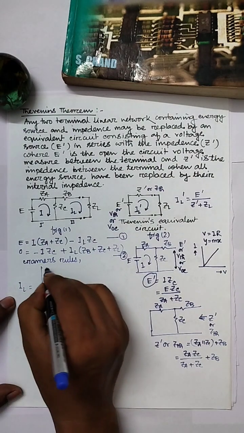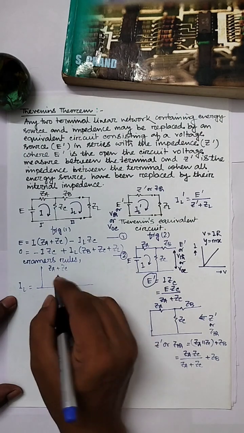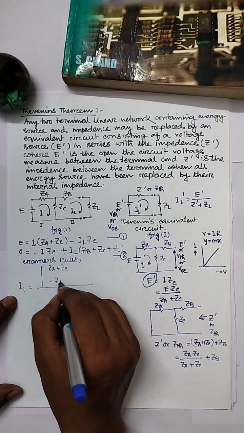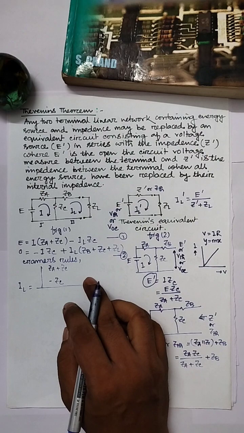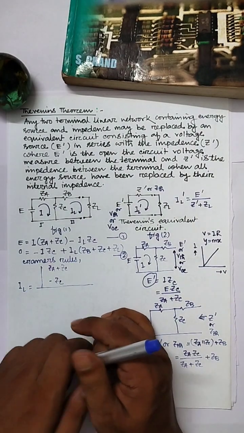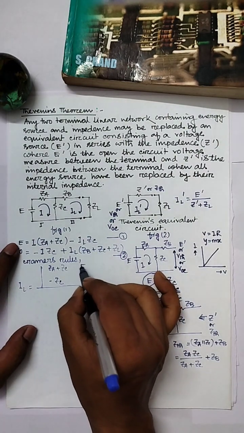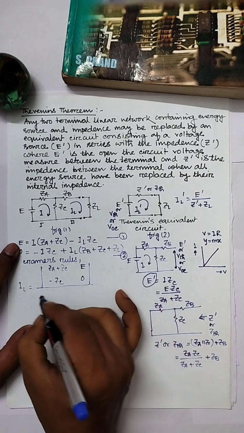So first, the numerator contains ZA plus ZC and minus ZC, and as we find IL, the next column is E and 0.